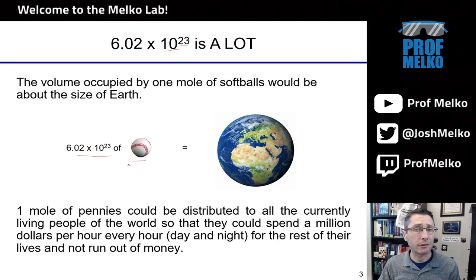Again, atoms are really tiny, so we need a lot of them to do something useful at the human scale. Said another way, a mole of pennies could be distributed to all the current living people around the world, and they could spend $1 million an hour, every hour, day and night, the rest of their lives, and never run out of money. That's how much a mole is.